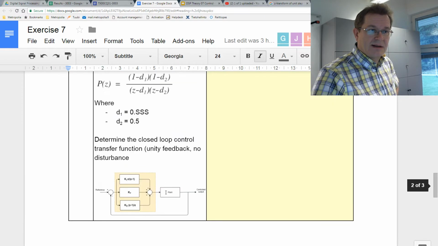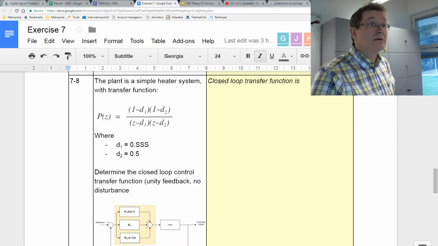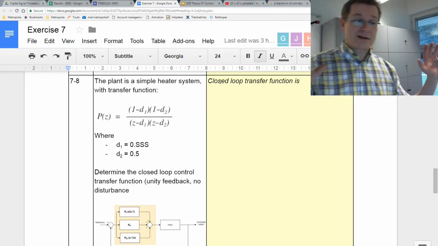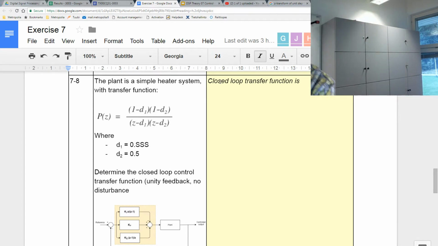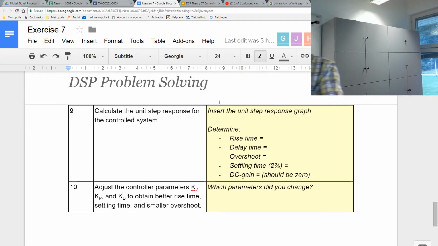So basically this 7 to 8 is the closed loop transfer function, meaning you just put those values in and calculate the loopback reduction. These are cascaded and parallel systems, then loop back, and that gives the whole system transfer function. Then use that transfer function to figure out rise time, delay time, overshoot, settling time, DC gain.